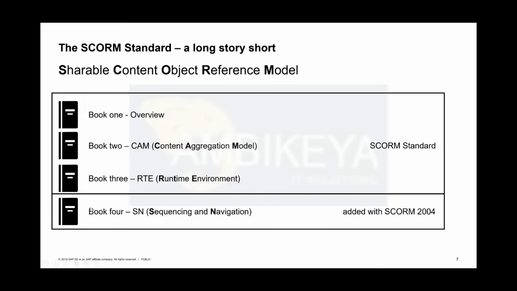And the fourth book, this is why I put a separator in here, was added with SCORM 2004 first edition, which is SN, sequencing and navigation. It potentially gives us the option to detach navigation, look and feel, and navigation logic from the course.